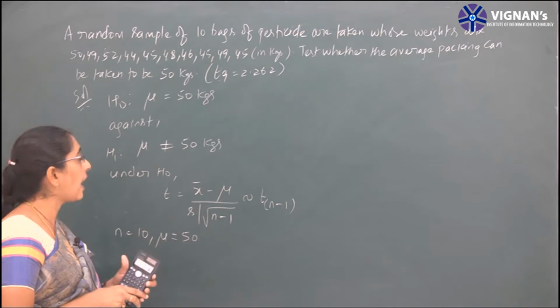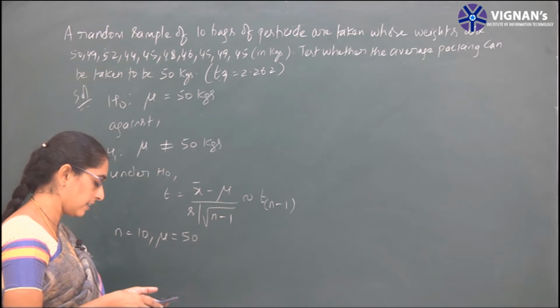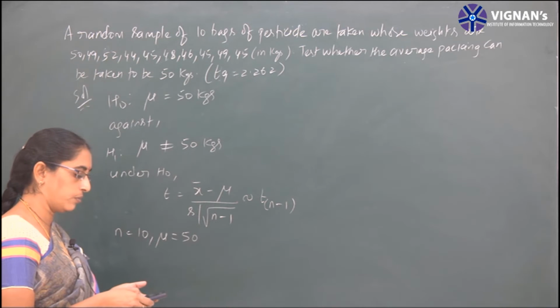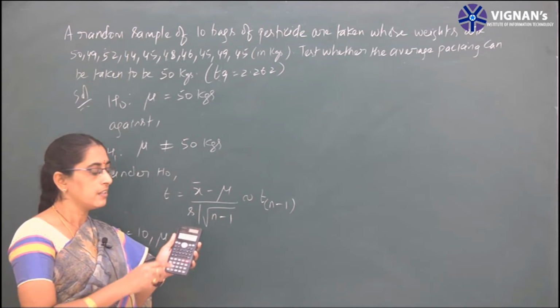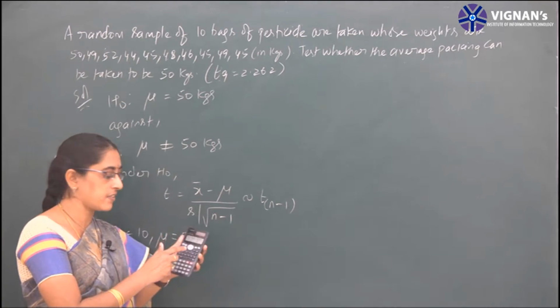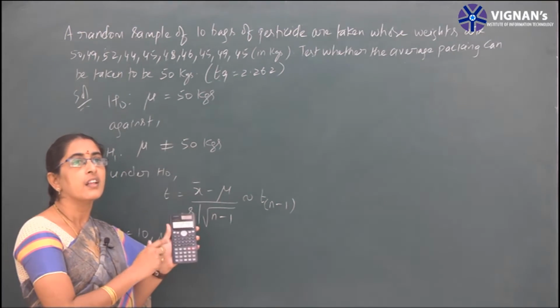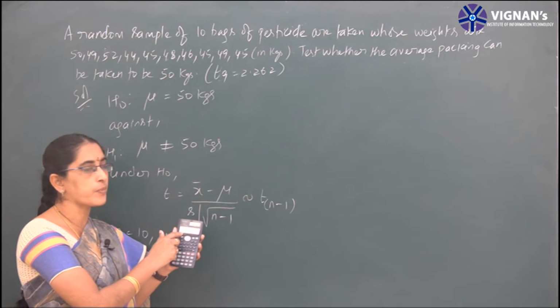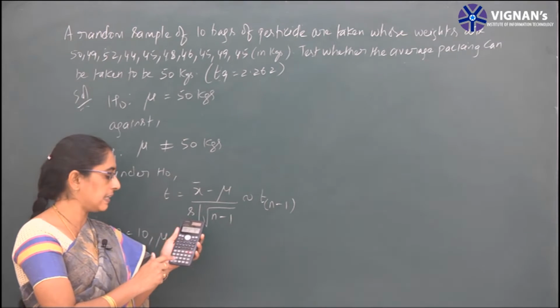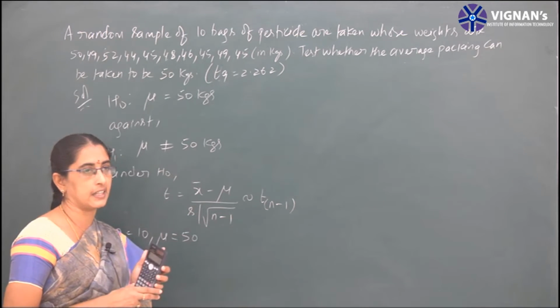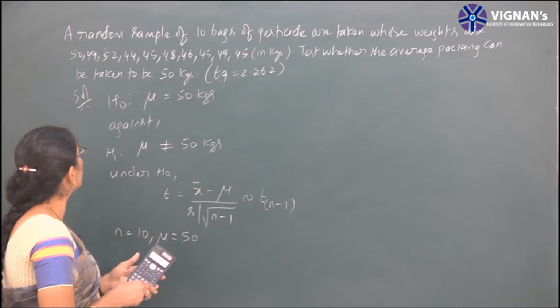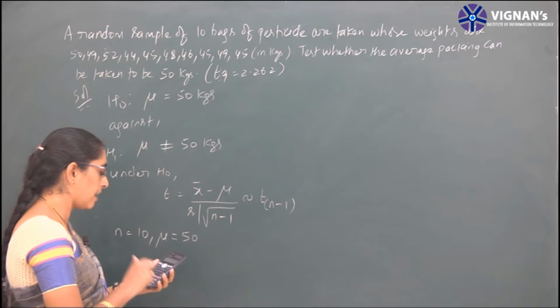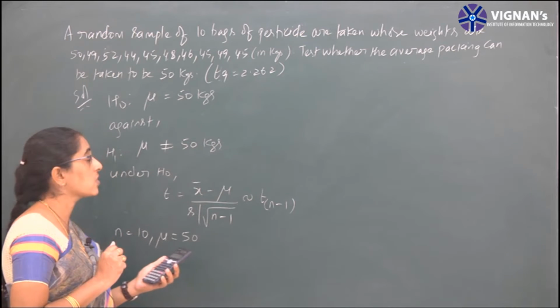First of all we have to store these values under regression linear mode. For regression you have to press the mode key two times. Then under the second option you have regression, press the second option. Then you will have three options, and the first option is linear, meaning we are taking linear data. Now one by one give the observations. The first observation is 50 M plus, so the first observation is stored.